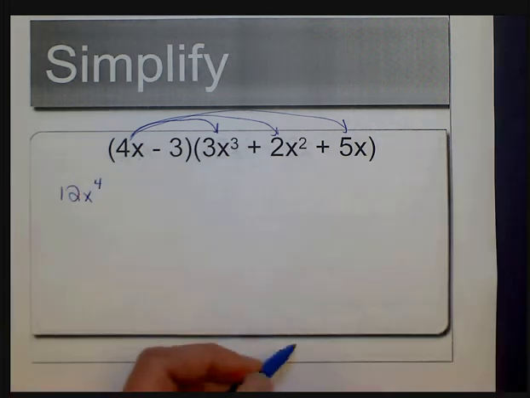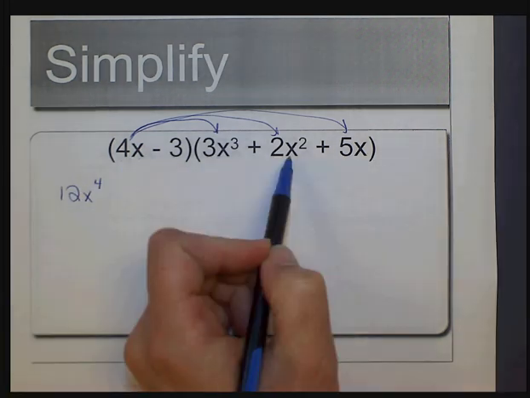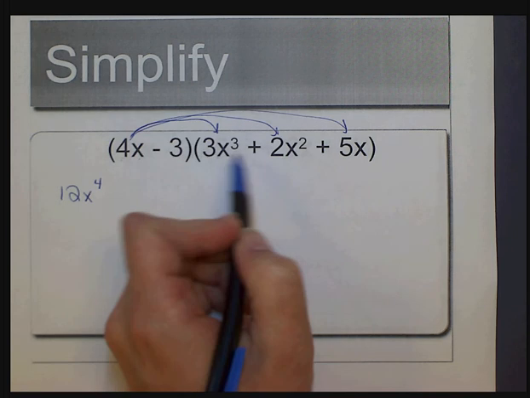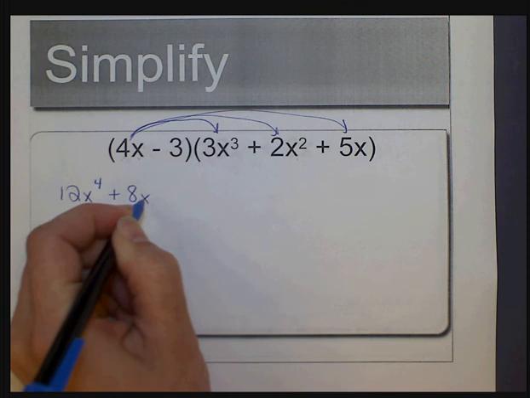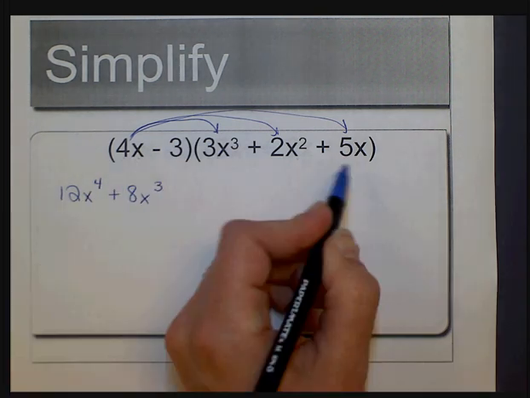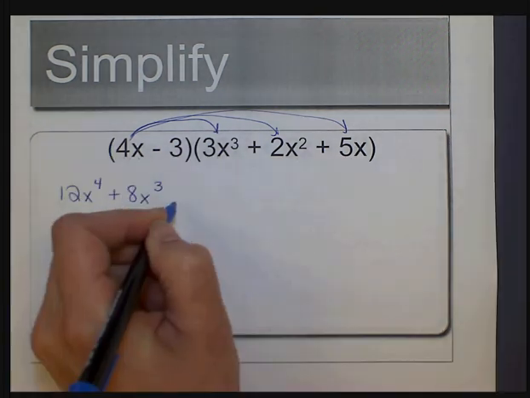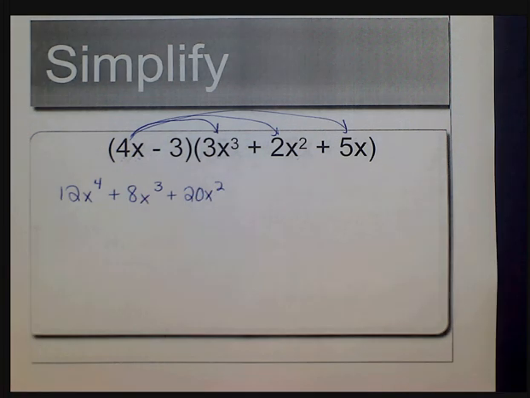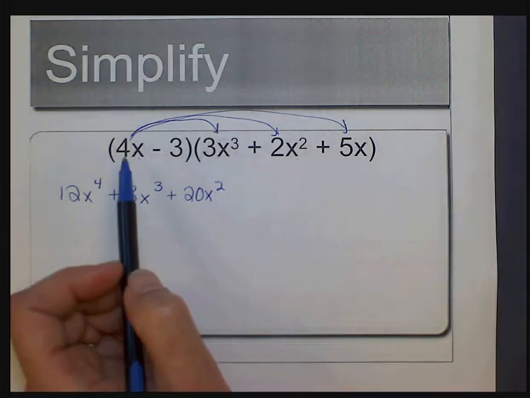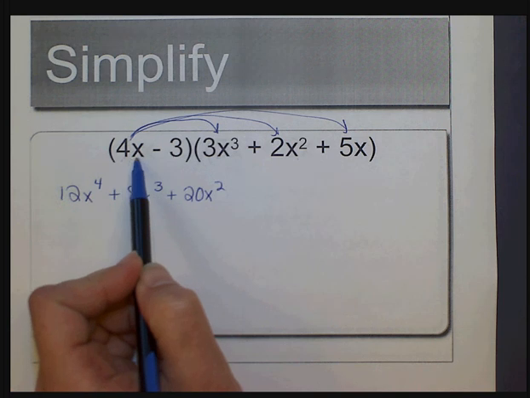I add the exponents. Then 4x times 2x squared, 4 times 2 is 8, and x times x squared is x cubed. And then 4x times 5x gives me a plus 20x squared. So now I distributed the positive 4x.